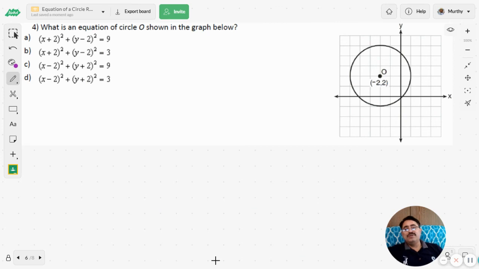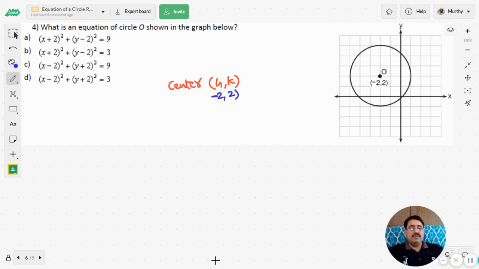Okay, the next question is, what is an equation of a circle O shown in the graph below? First of all, identify the center. I see that center is negative 2 comma 2. So let me write that: center is h comma k, and these are the values given.